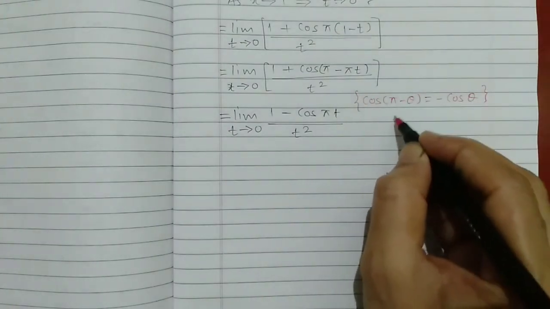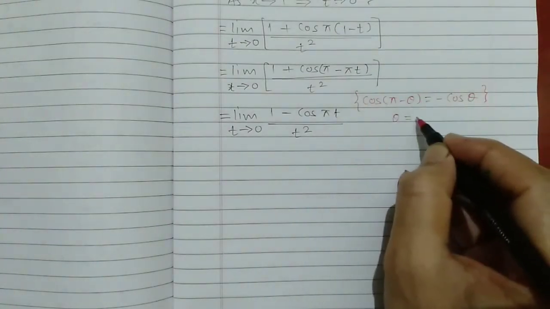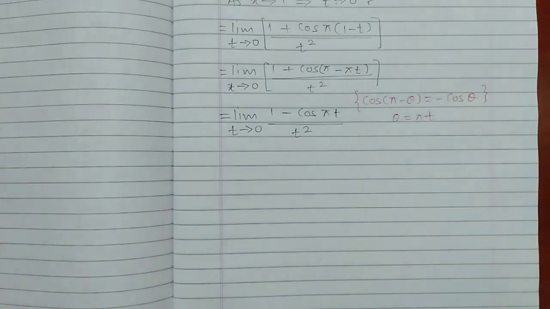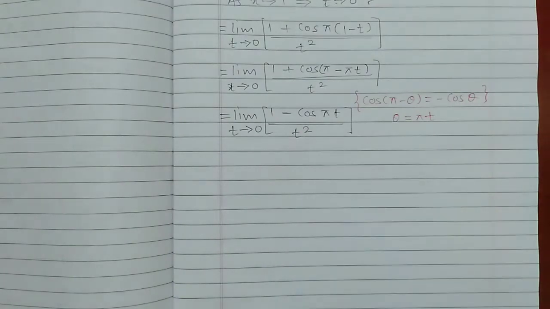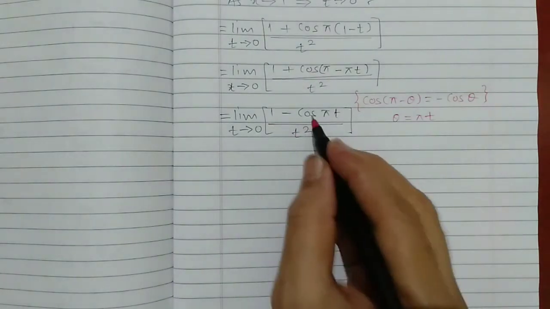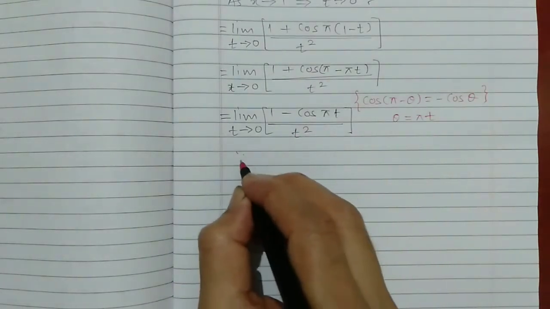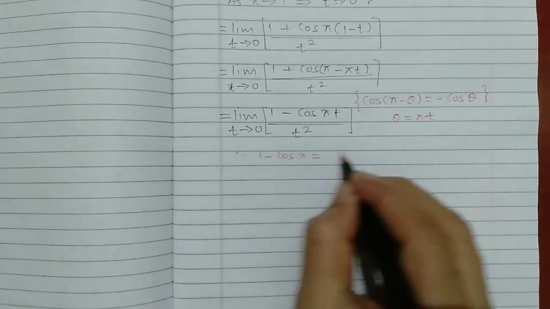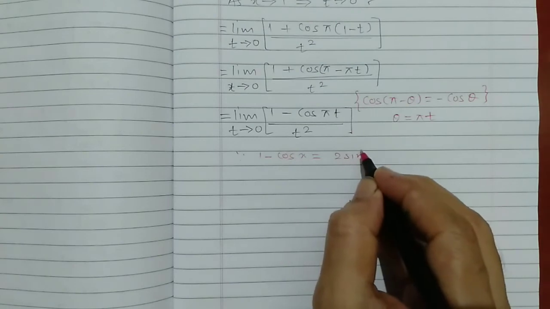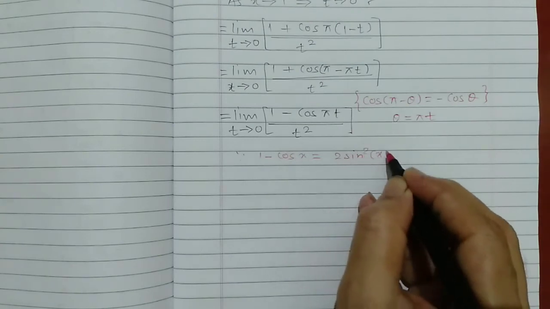In this case, theta is equal to pi t. Now we know that 1 minus cos x is equal to 2 sin square x by 2.